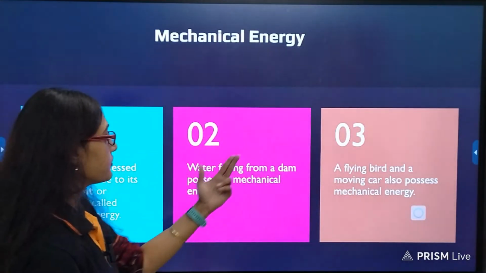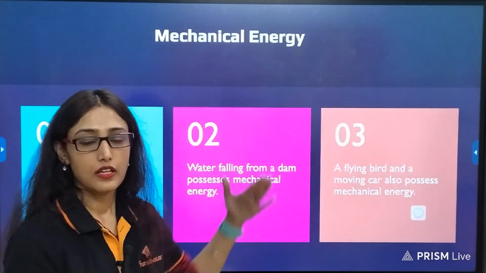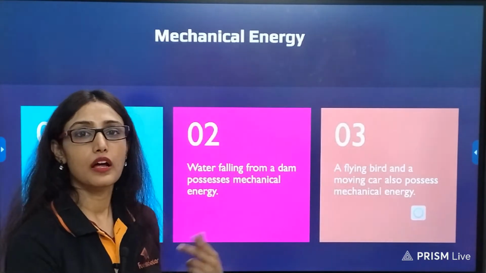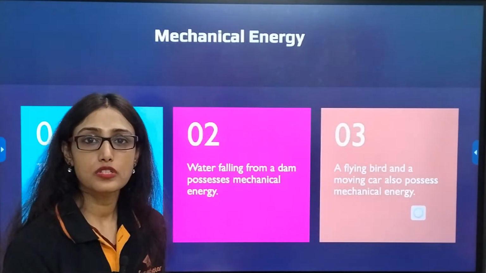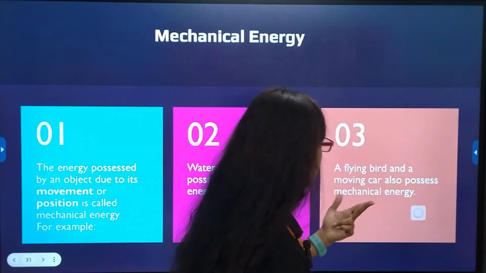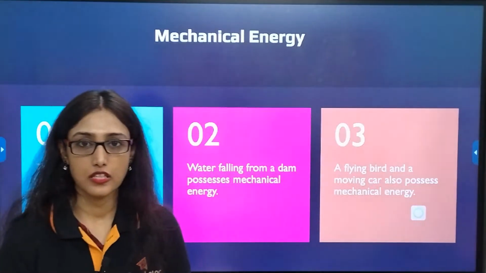Okay, water falling from a dam possesses mechanical energy. This mechanical energy in water is used to run turbines and produce electric energy. See, a bird flying and a moving car also possess mechanical energy. So, what is basically mechanical energy?